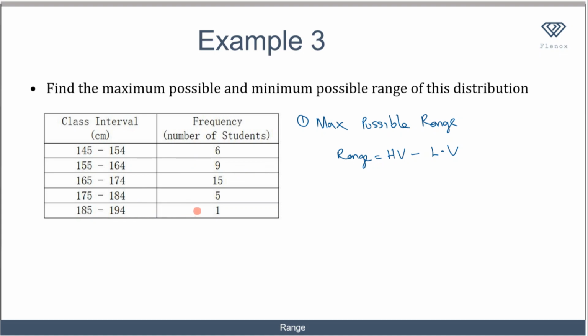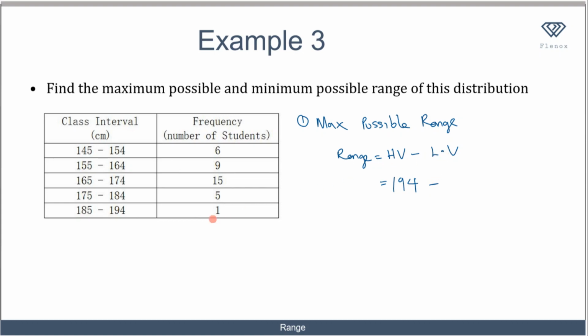We are told that one student falls within the range 185 to 194, so this is the highest height range that we have. But for that one student, what is the maximum possible height they can have based on this range? The maximum possible height he can have is 194. So the highest value for the maximum possible range will be 194, then minus the lowest value.